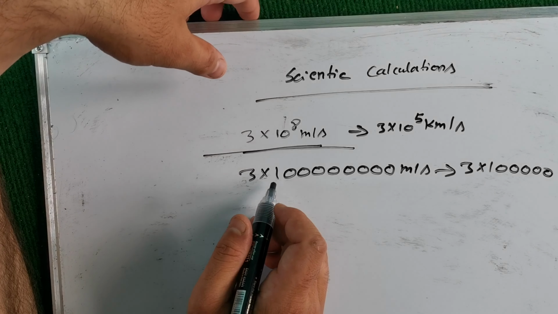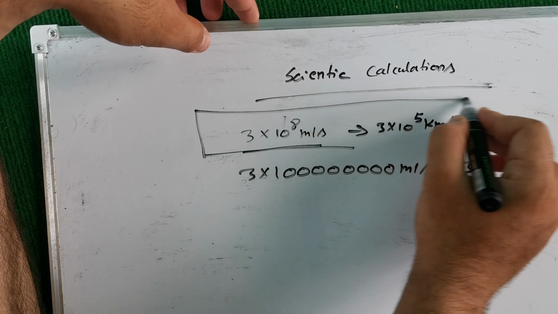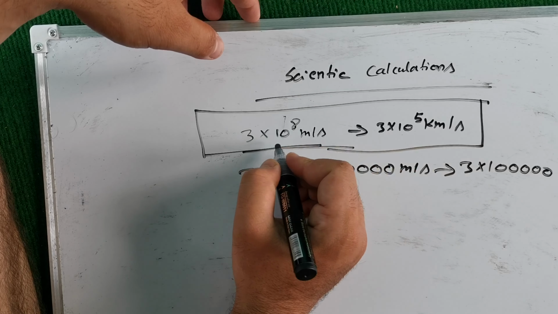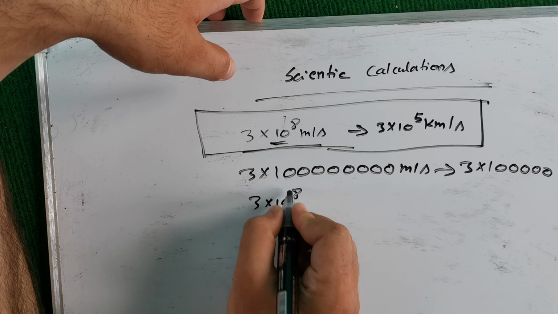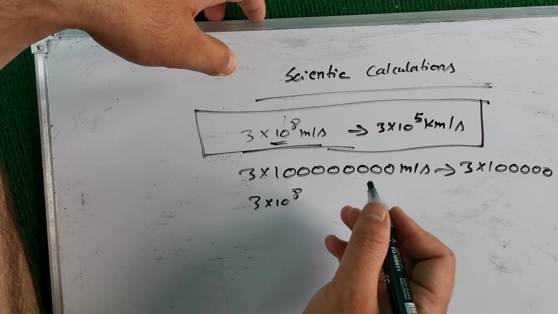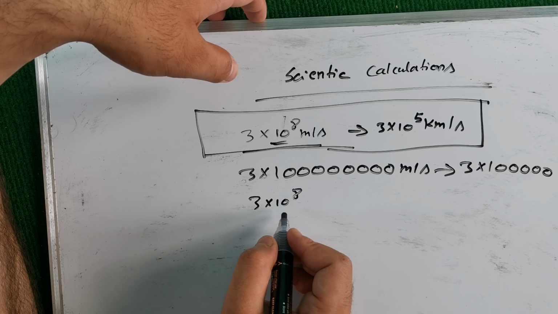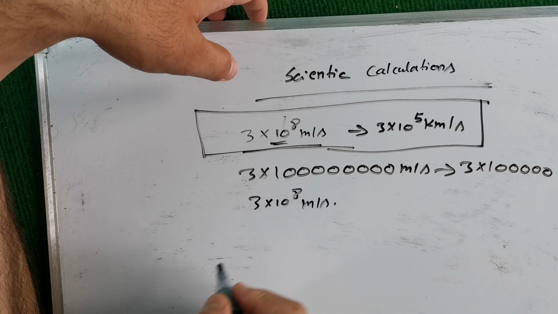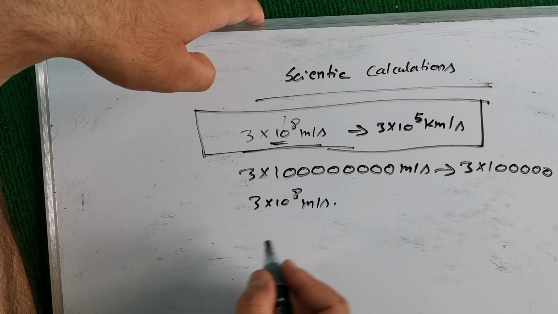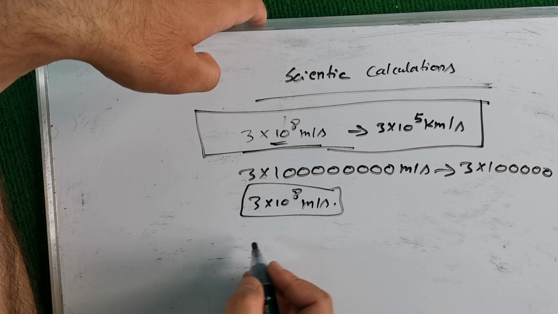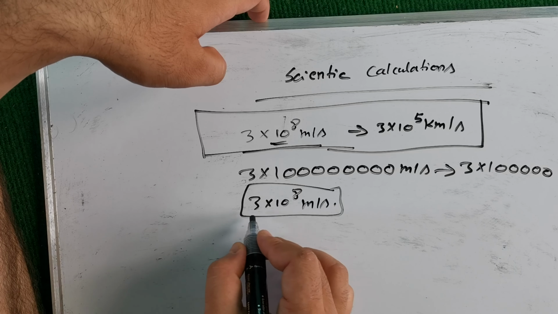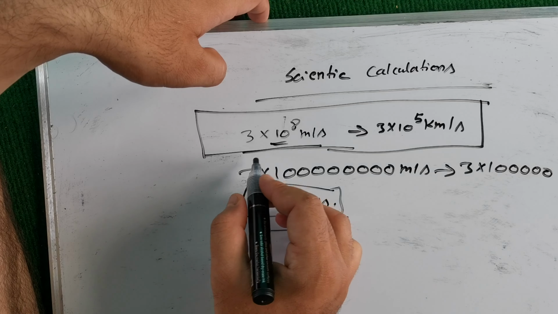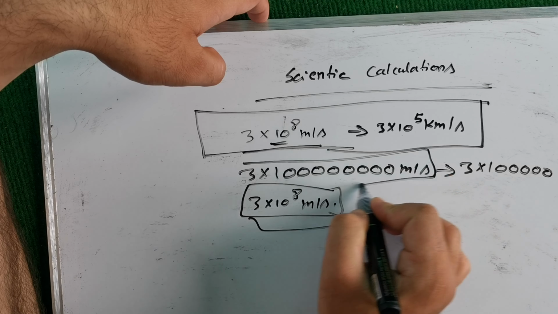For our compactness, many scientists made this method, 3 into 10 to the power 8, adding a power on 10. It will be easy for us to write 3 into 10 to the power 8 meter per second. It occupies only this much space, while the other occupies this much space.